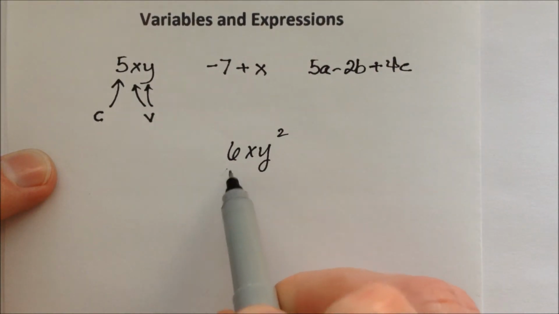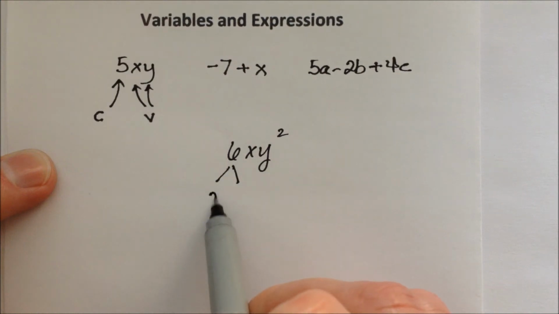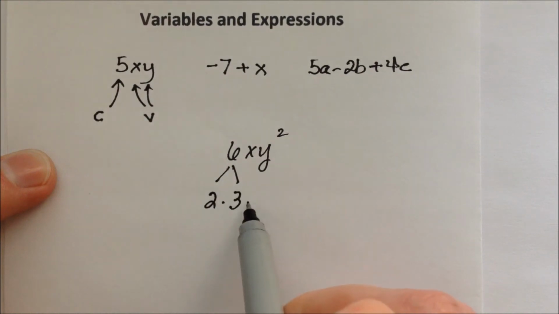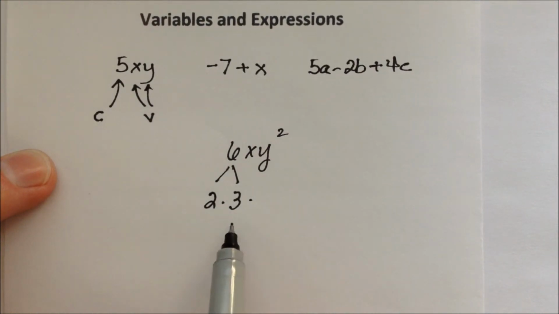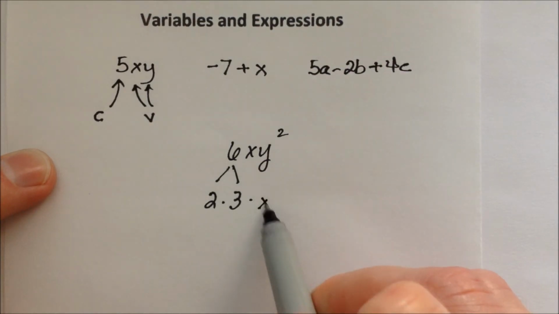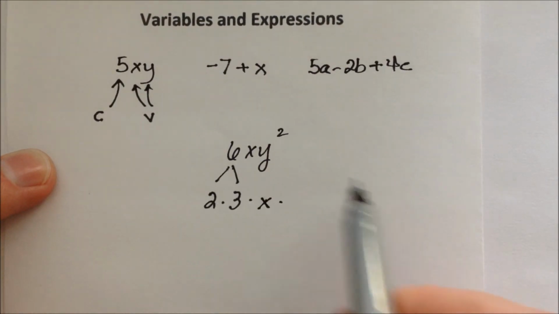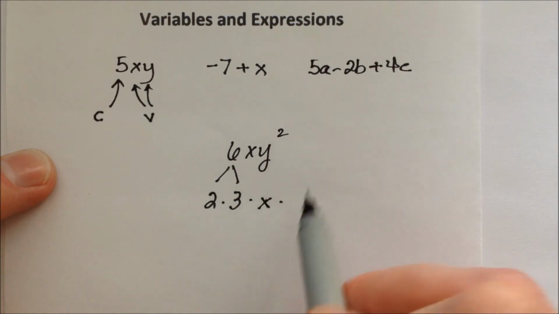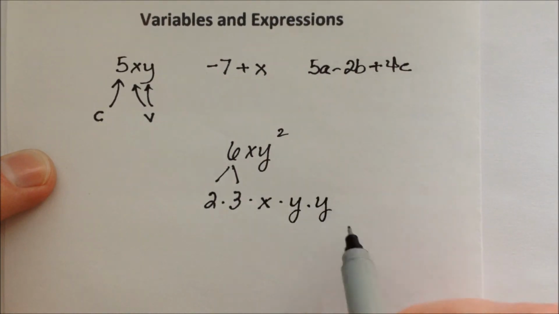So 6 can be broken down, because I know 6 is 2 times 3, and 2 and 3 are the smallest numbers that we can multiply to make 6, because 2 can't be broken down anymore, and 3 can't be broken down anymore. They are each prime, actually. So x here and y squared, well, x is just x. It's unknown. And y squared is actually y times y.